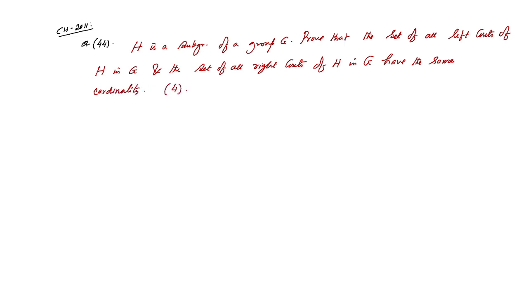And this is a 4 marks question. How to prove the set of all left cosets of H in G and the set of all right cosets of H in G are of the same cardinality?